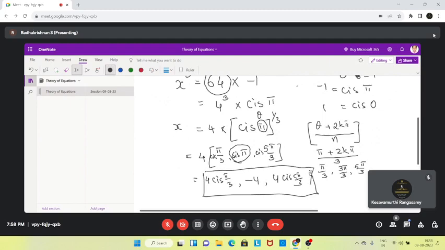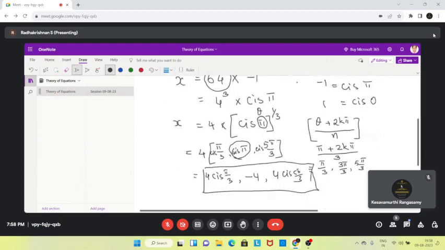Okay. Of course you can rewrite 5 pi by 3 as minus 3 pi by 3. Sorry, minus 2 pi by 3. Right. So you can write it as minus 2 pi by 3 to be in that range for principal argument. Okay.